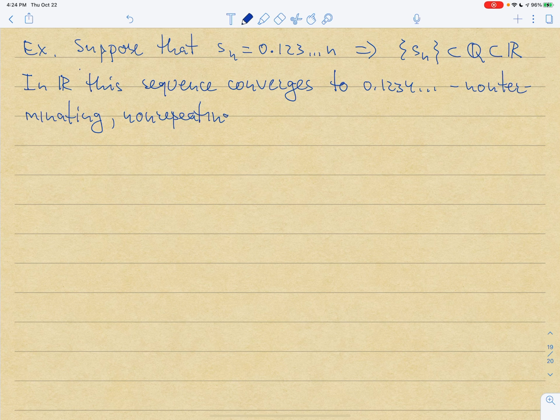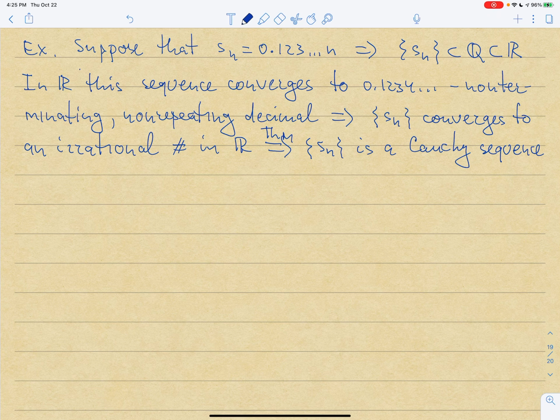All right, but then if it converges in the set of all reals, then the same sequence, Sn, must be a Cauchy sequence. That is just a consequence of a theorem that we proved a moment ago. Any convergent sequence is going to be Cauchy.